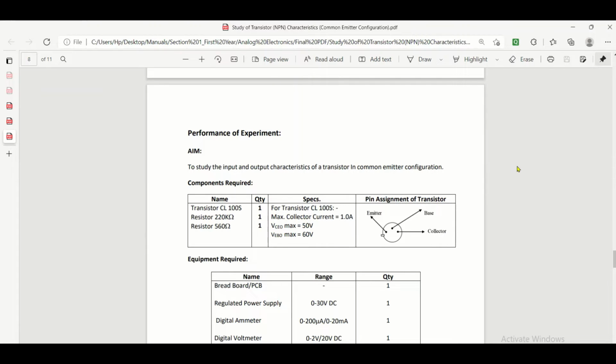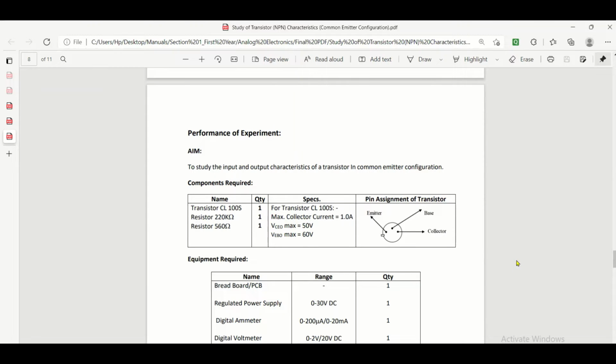The maximum collector current allowable through the transistor is 1 ampere. Maximum collector to emitter voltage, VCEO max, is 50 volt, and EBO max, emitter to base, is 60 volt. So whenever we are designing a circuit, we must remember these extreme values.